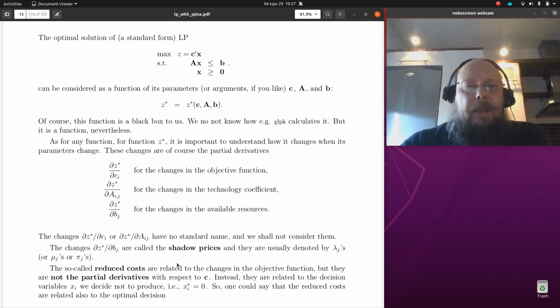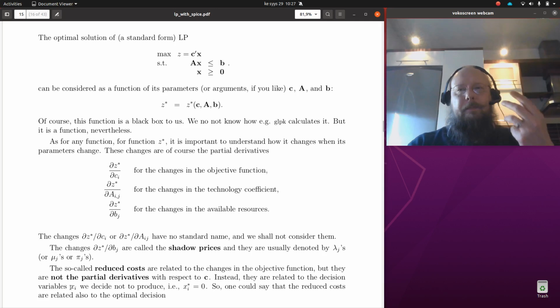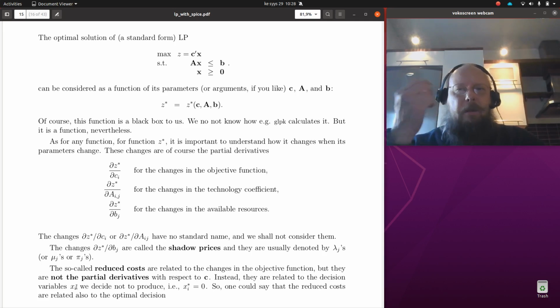At this point, I just say that they are somehow related not only to z star, but to the decision variables. Think about the Muad'Dib problem again. These x_i's are the cakes, and if we are producing some cake, x_1 say, that was, if I remember correctly, the Atreides cake, then the reduced cost related to that is 0.